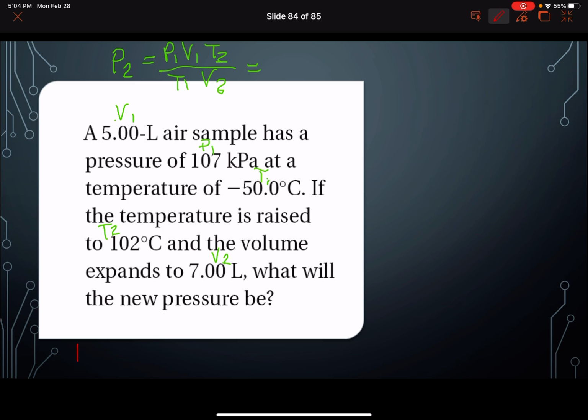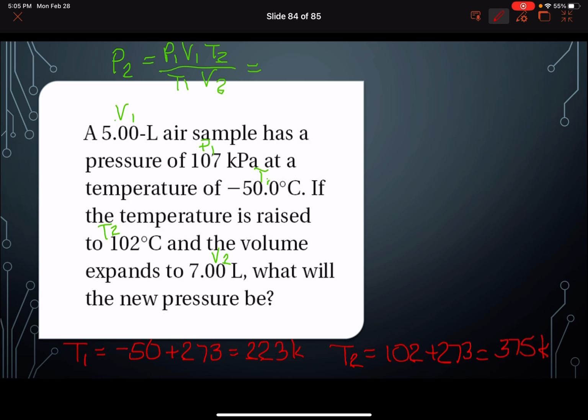I'm going to do temperature 1 equals negative 50 plus 273. Right, that's going to be 223 Kelvin. And temperature 2 is 102. So we have 102 plus 273. That's going to come out to 375 Kelvin.